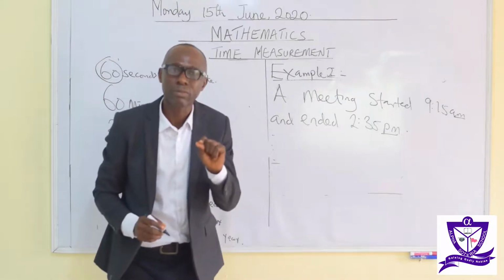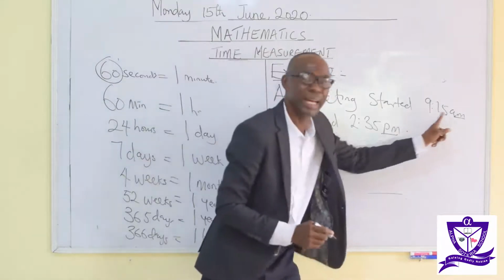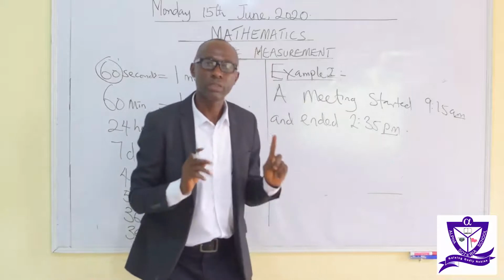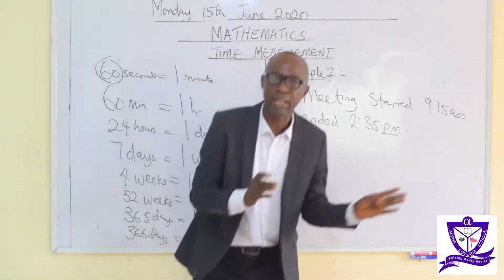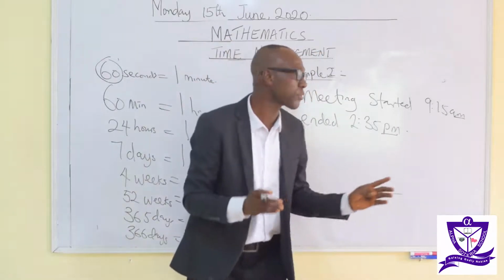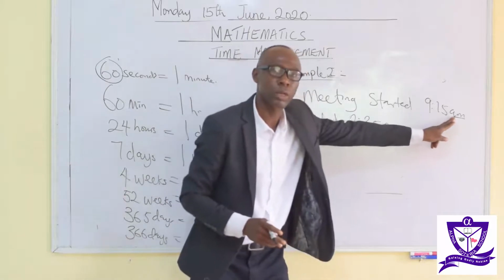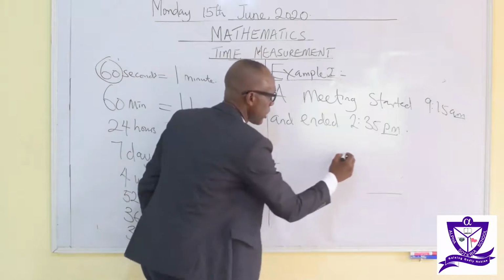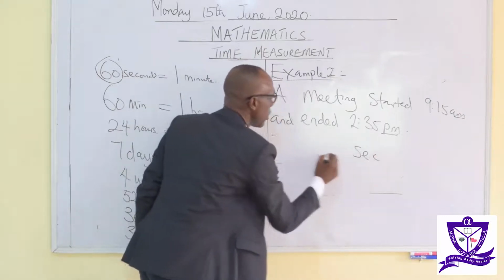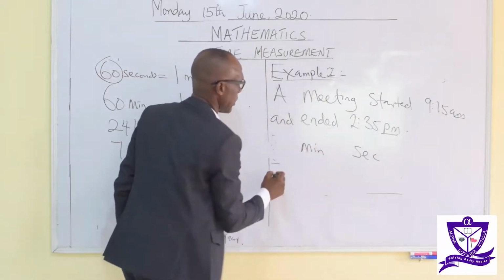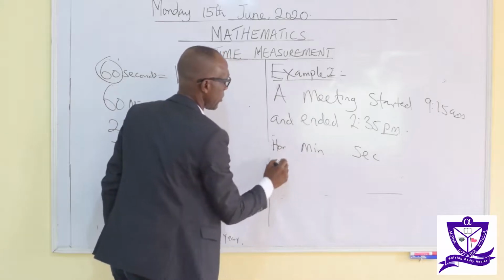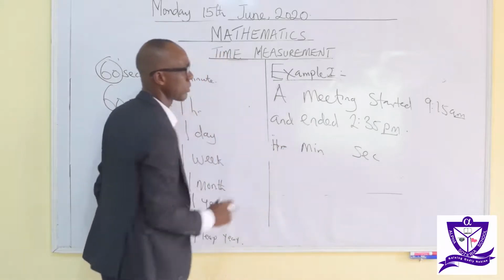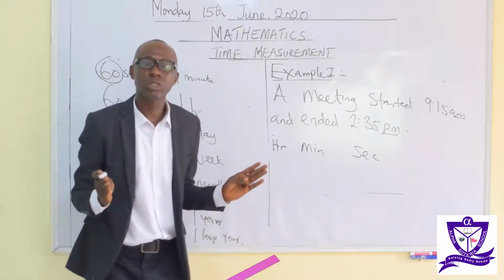Now, this is a problem. You need to have that understanding between a.m. and p.m. The difference is before noon and after noon. Before 12 o'clock and after 12 o'clock. This is before 12 o'clock and this is after 12 o'clock. We cannot put 2, remember our measurement, seconds, minutes, and hours. Now, here we need to take away.